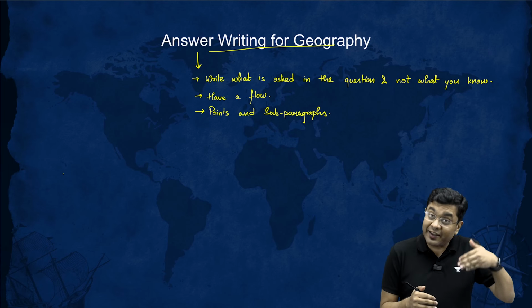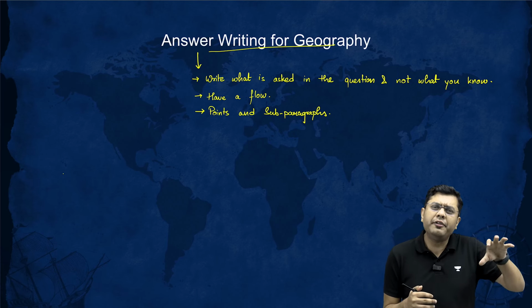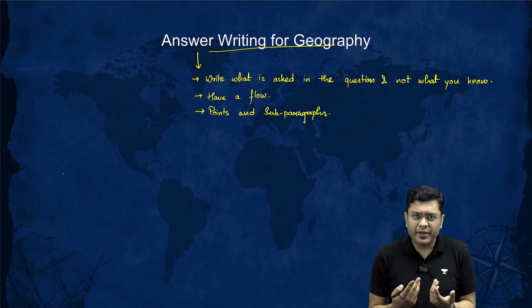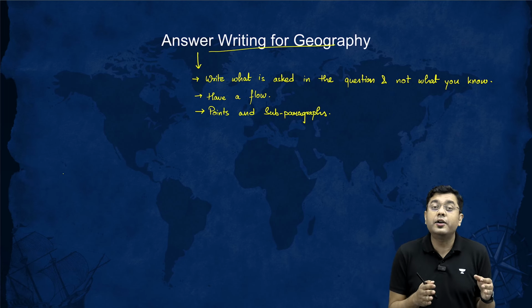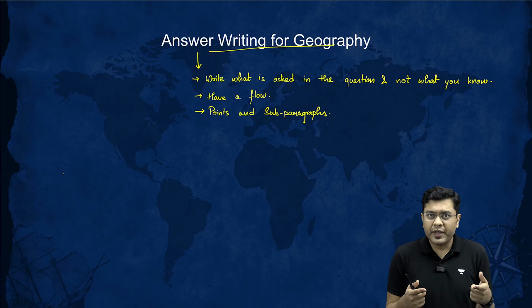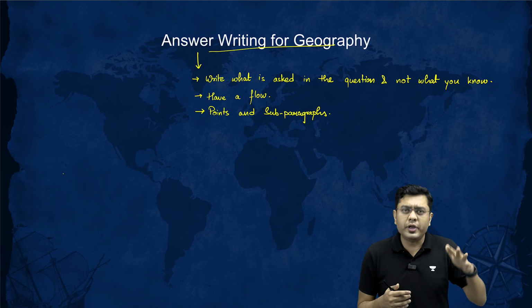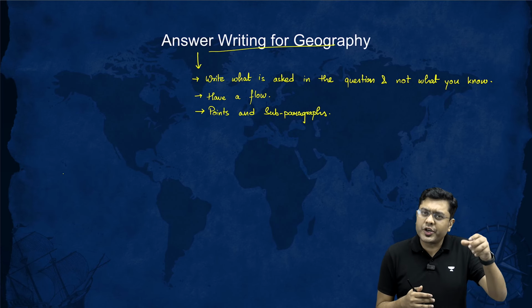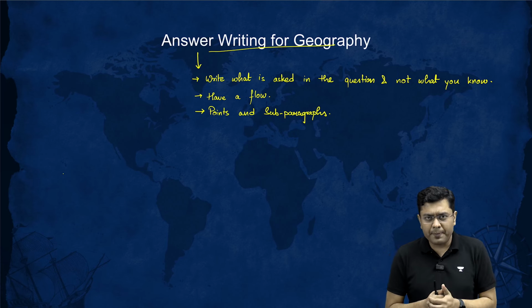As many of the candidates start writing the answer, they create a 45-50 worded introduction itself. That is not required. That is no longer an introduction anymore. That becomes a major chunk of the answer itself. Introduction has to be brief, between 25 to 30 words, at max around 35 words. And use that introduction to create a kind of movement into the body as well.